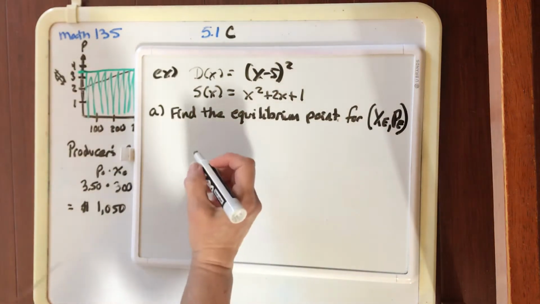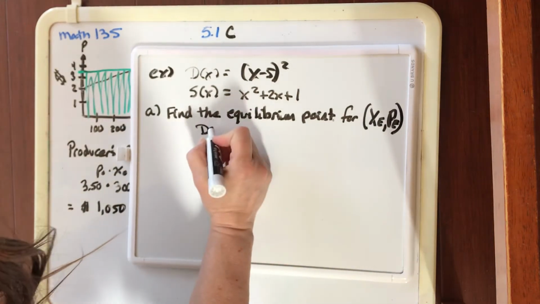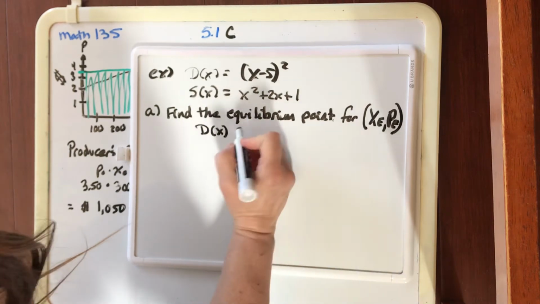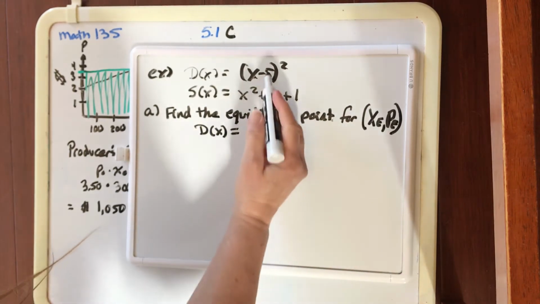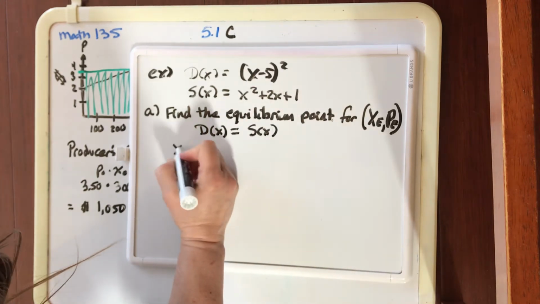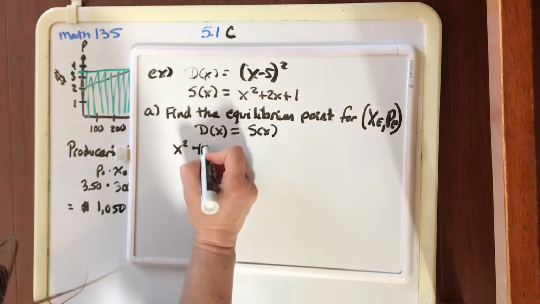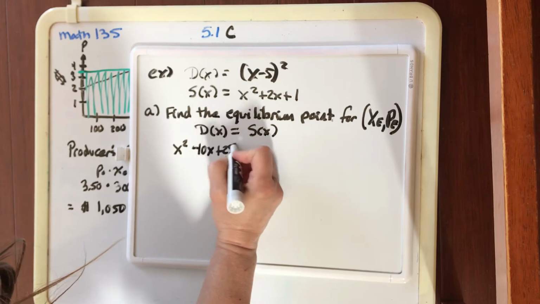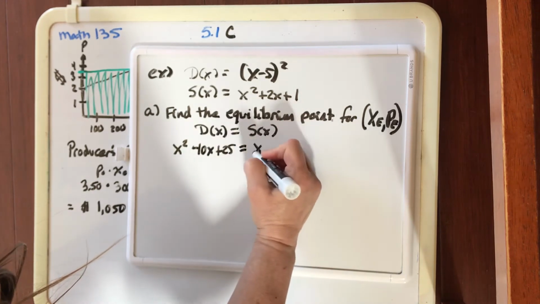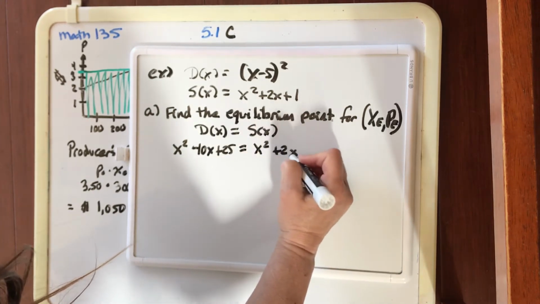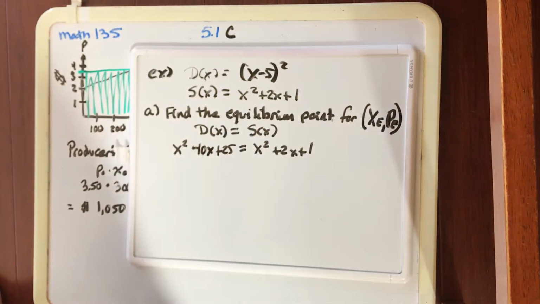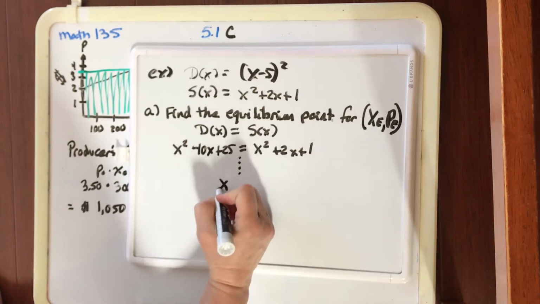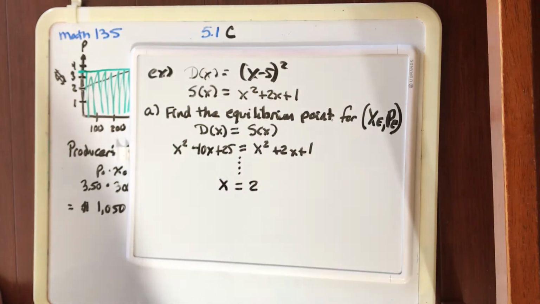All right, so to do that, we know we have to let the demand equal the supply. Our demand, if we factor this, is x squared minus 10x plus 25, equals our supply curve, x squared plus 2x plus 1. Okay, you all know how to do algebra, so let's just skip that part. We get x equals 2.